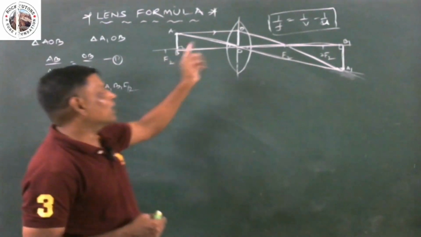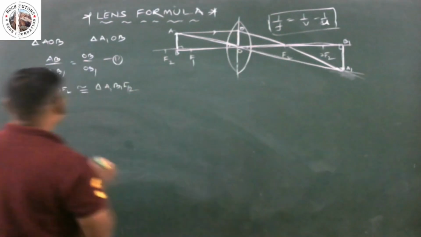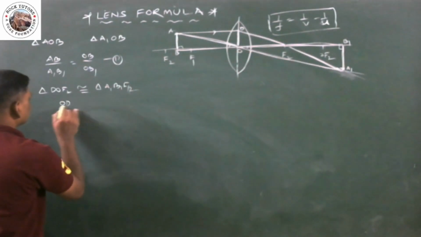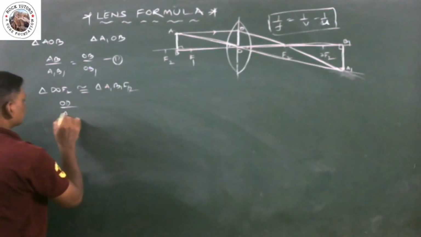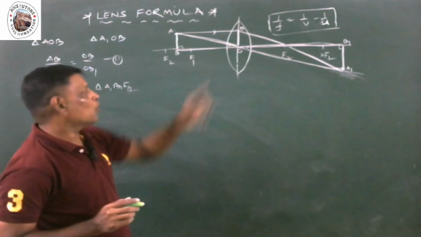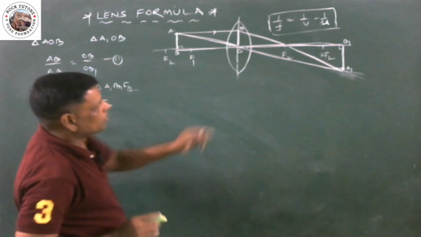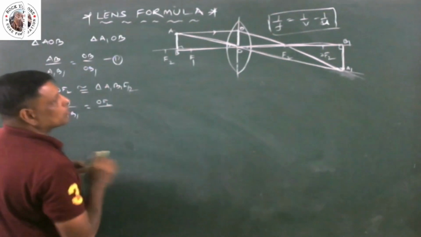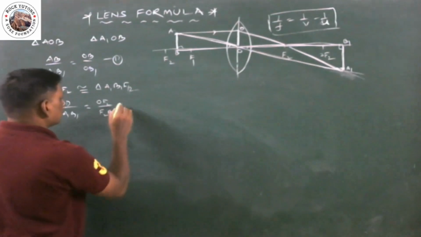Then their corresponding sides are proportional. So here OD by A1B1 is equal to OF2 by F2B1. Equation 2.